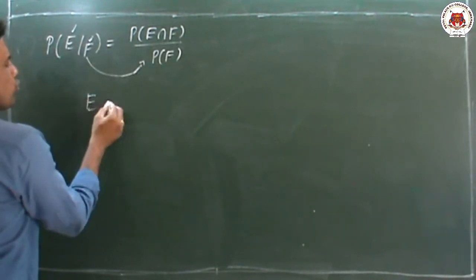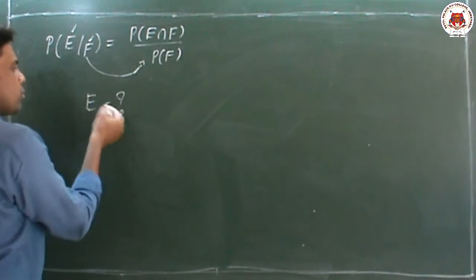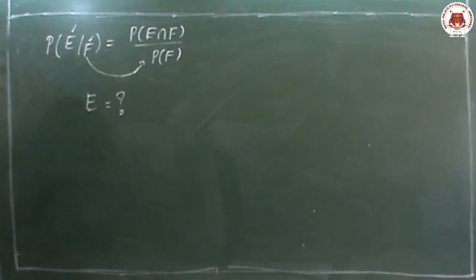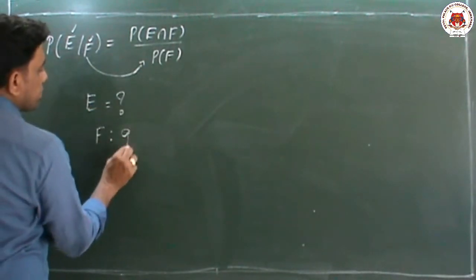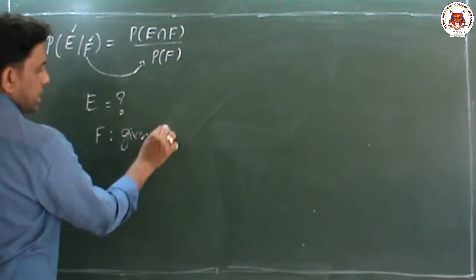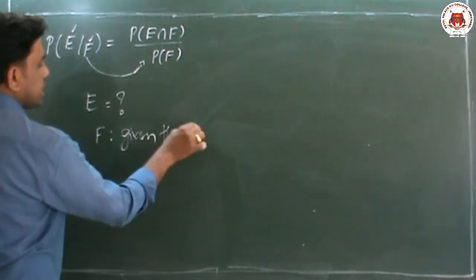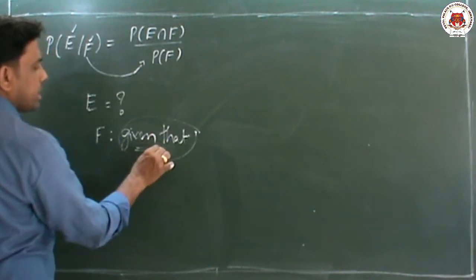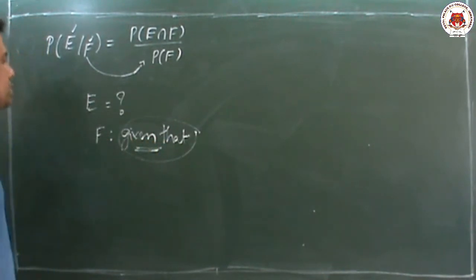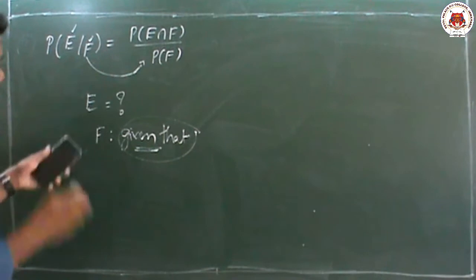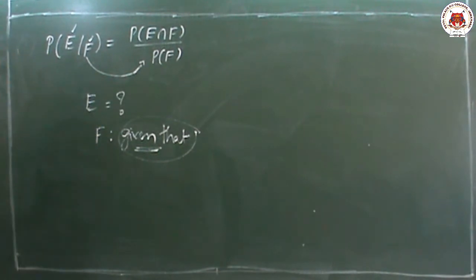E means what we have to find. F is nothing but whatever is given. Whatever event is given, you consider as F, and the event you have to find is E.